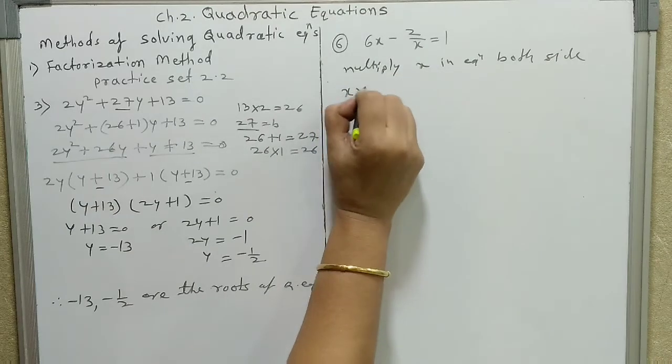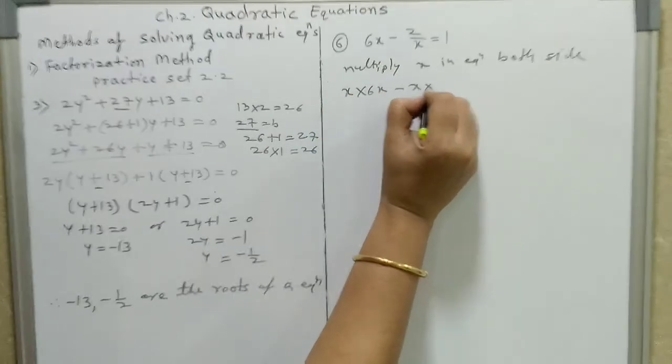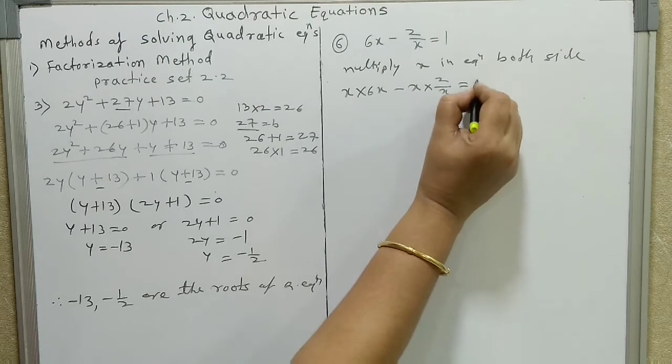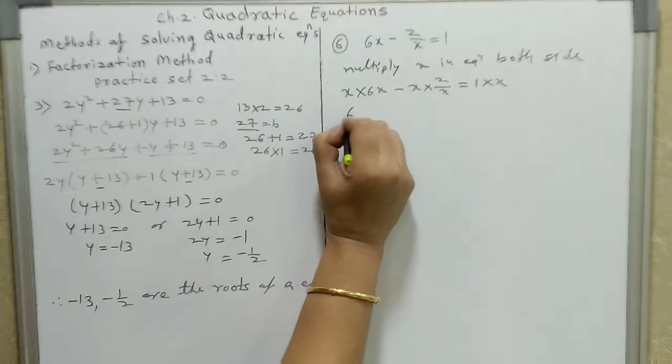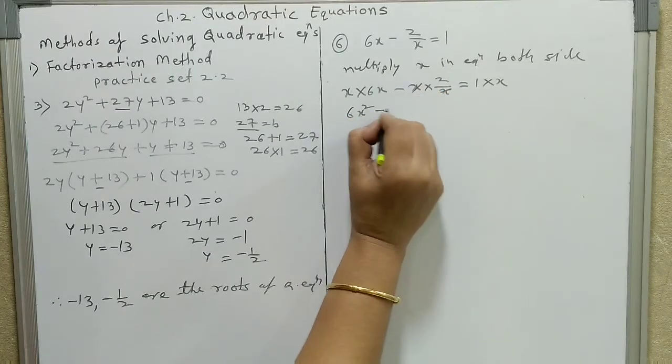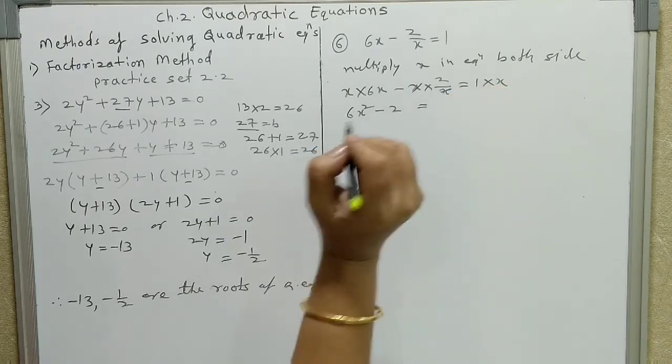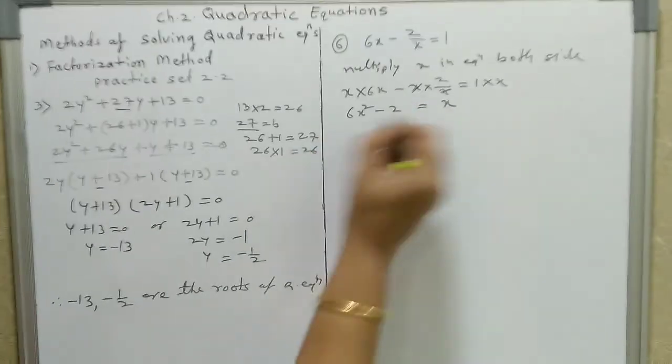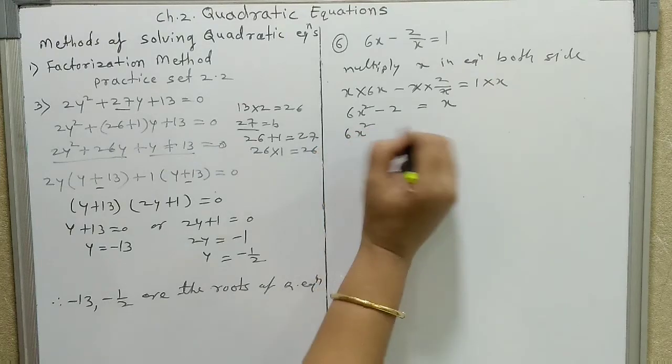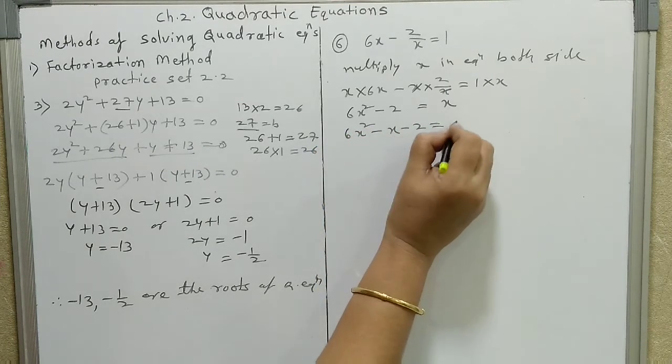So x into 6x minus x into 2 upon x is equal to 1 into x. So 6x square, x cancels, minus 2, here x into 1 is x. So x to that side, 6x square minus x minus 2 is equal to 0.